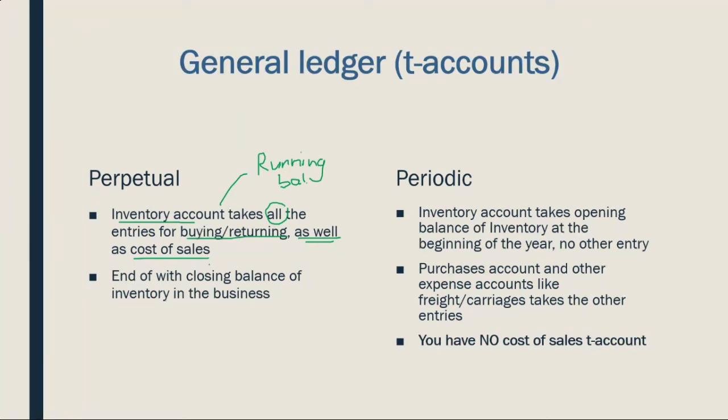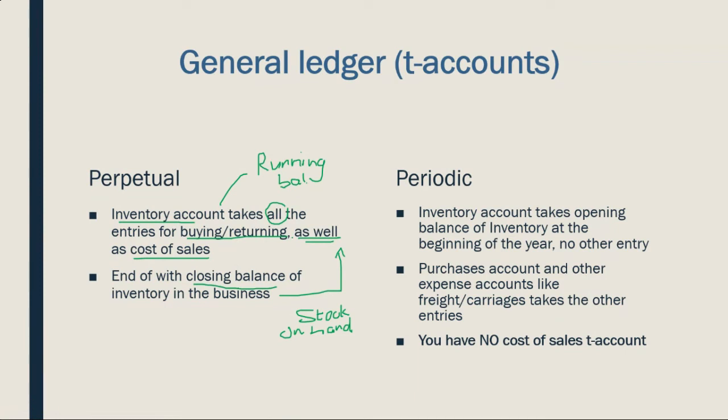Now, for that reason, at the end of the year, our closing balance in this account is the actual stock we have on hand. So I'm just going to say stock on hand. Okay, so that means the physical stock we have in our stores, because we recorded each and every transaction as it occurred during the year.